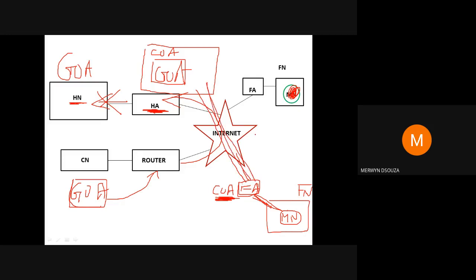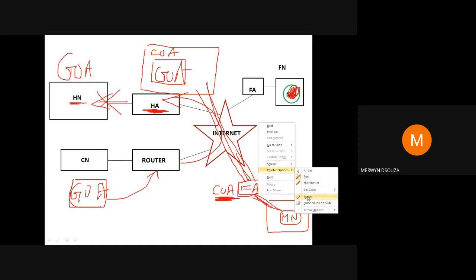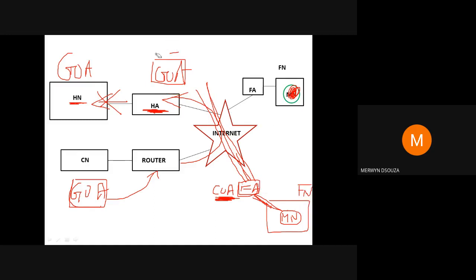The foreign agent will decapsulate this packet, remove this extra header put by the home agent, take that original packet and deliver it to the mobile node. So this is how it works.